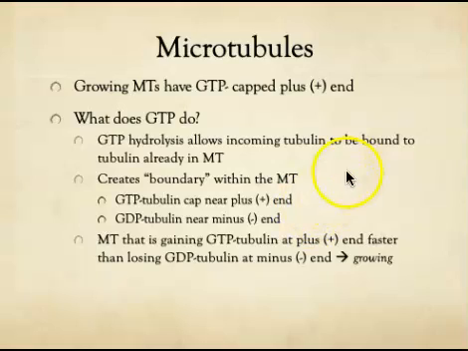Any microtubule that is growing is gaining GTP tubulin faster than it is losing GDP tubulin. There's more GTP tubulin coming in at the plus end than there is GDP tubulin being lost at the minus end. That will allow the tubule to grow.